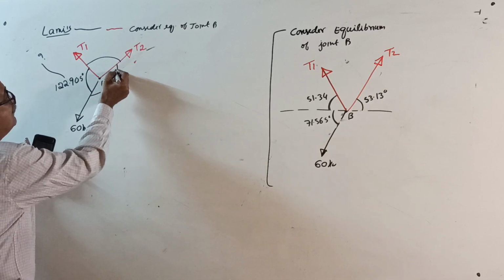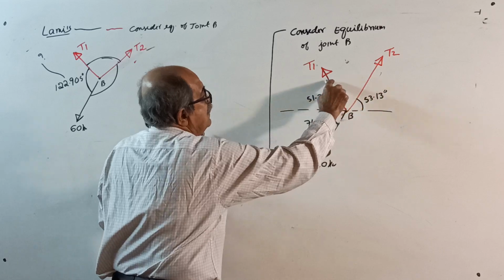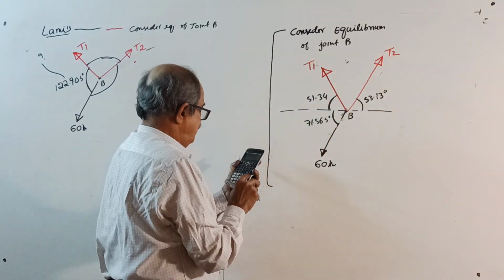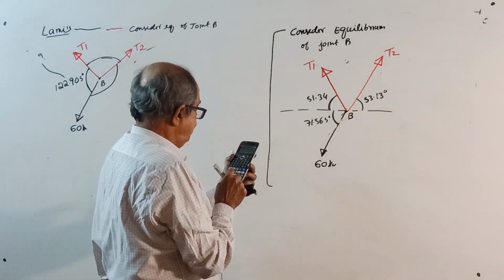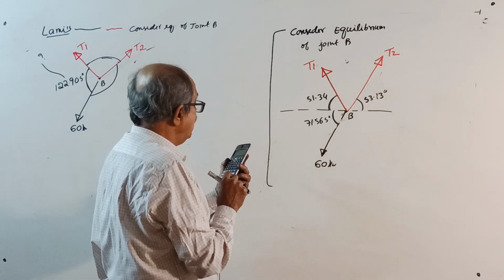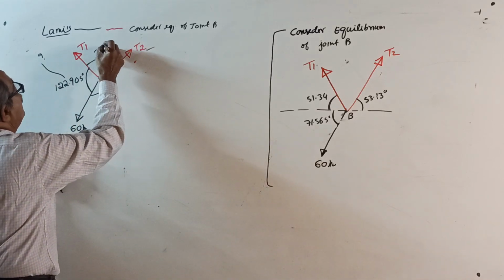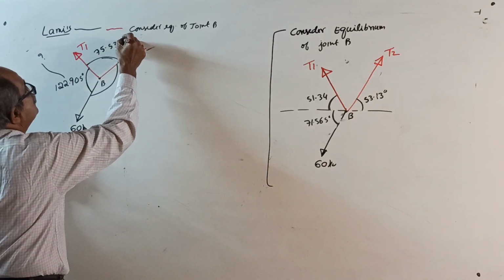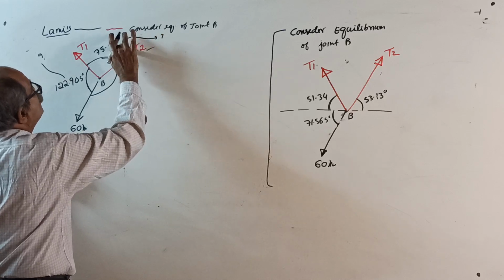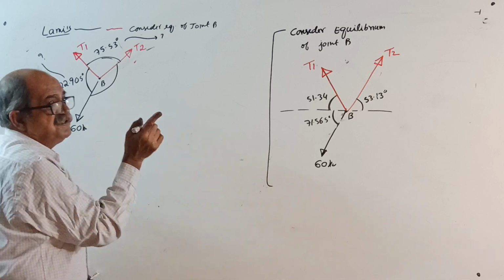This angle: this is 180. From 180, subtract 51.34, also subtract 53.13. That gives 75.53 degrees. Show the calculation. Those who are serious. For this angle, don't see 360 degrees.